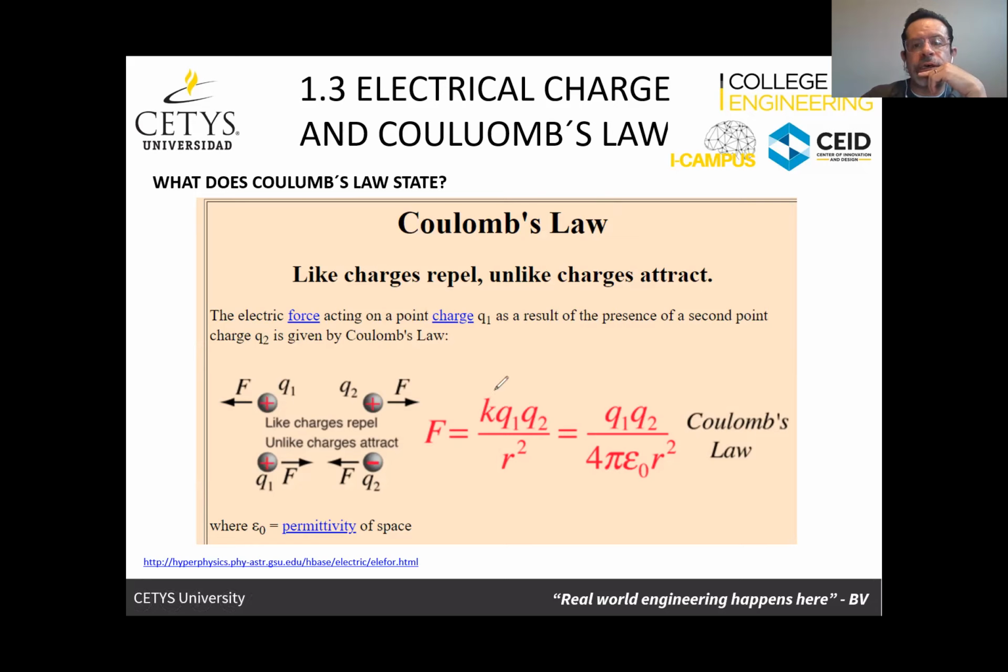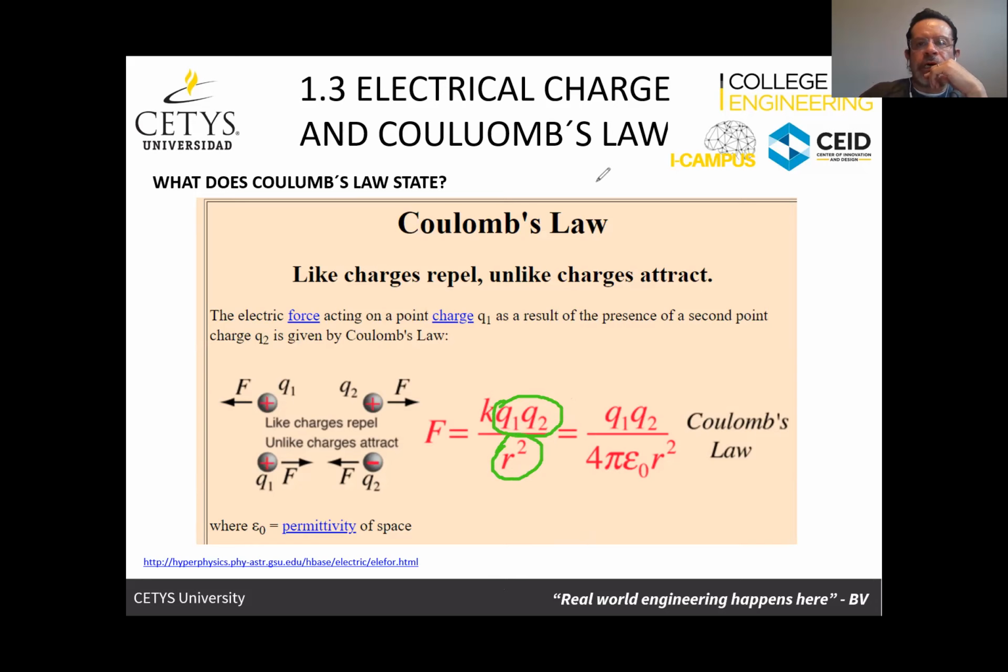And so Coulomb's law states that the force is going to be directly proportional to the value of the charges, and it's going to be inversely proportional to the square of the distance.